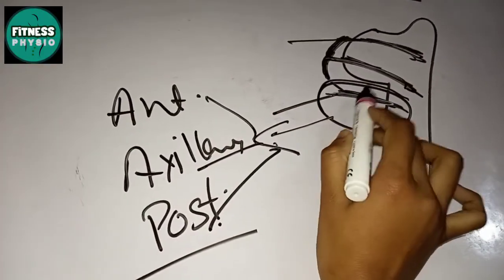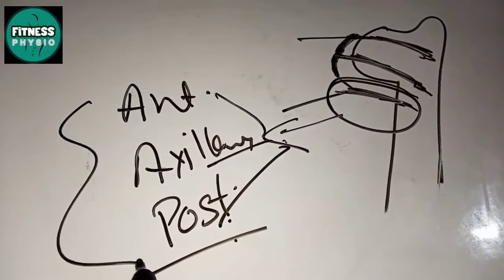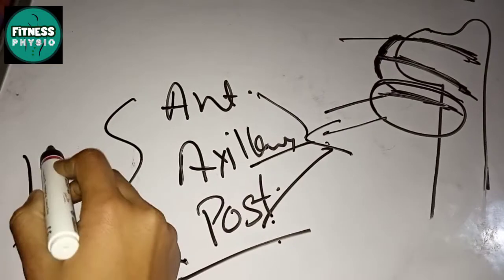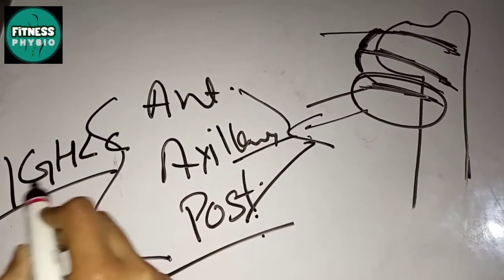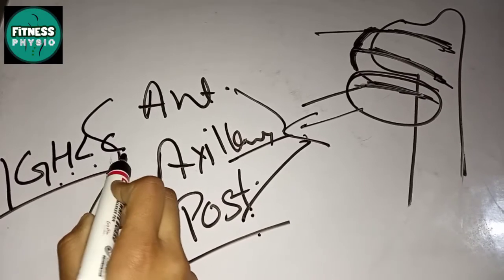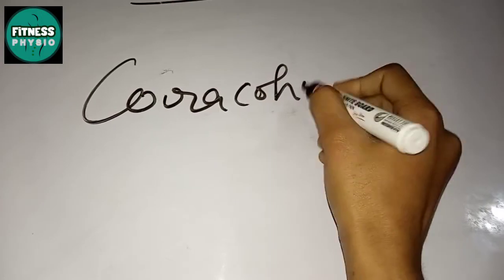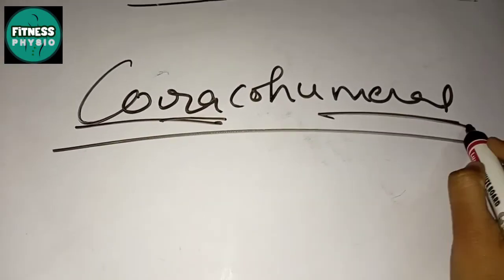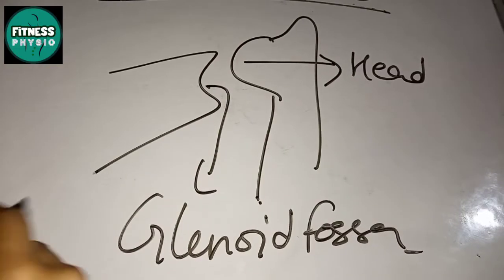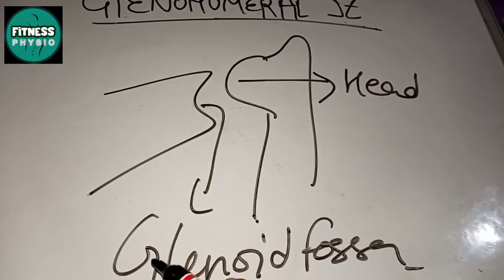This inferior GH ligament, divided into three parts, is known as the IGHLC, the inferior glenohumeral ligament complex. Now the next ligament is your coracohumeral ligament, which originates from your coracoid process and attaches to your humerus. So this is all about the ligaments and capsule of the glenohumeral joint.